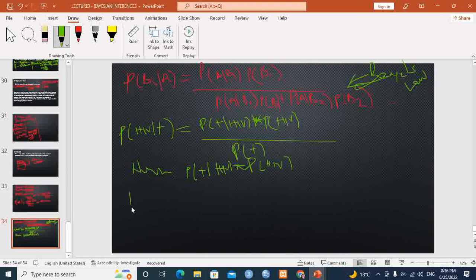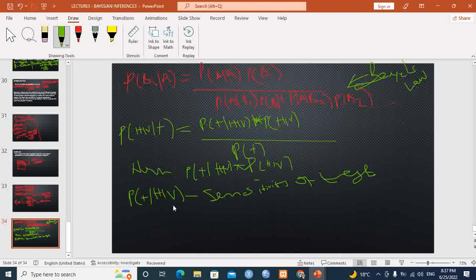Probability of positive given HIV is what we call the sensitivity of the test.